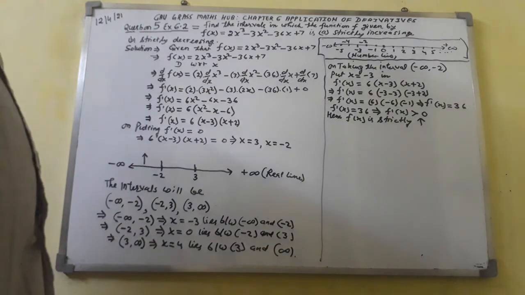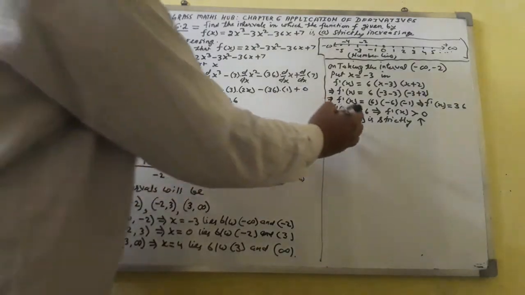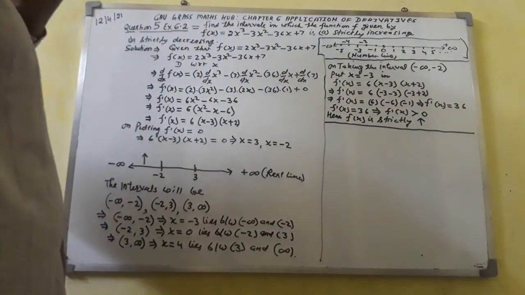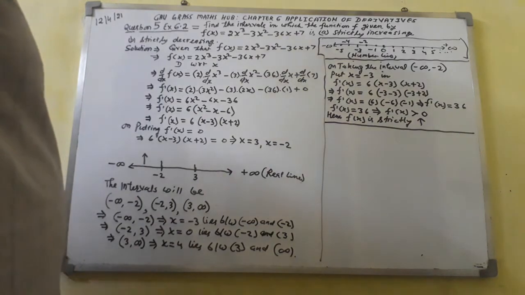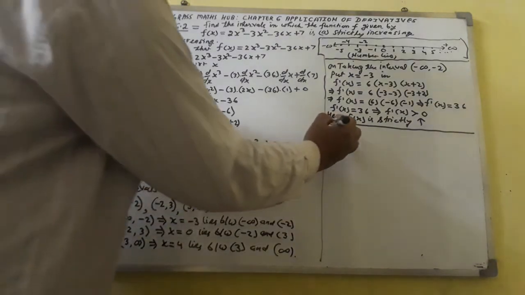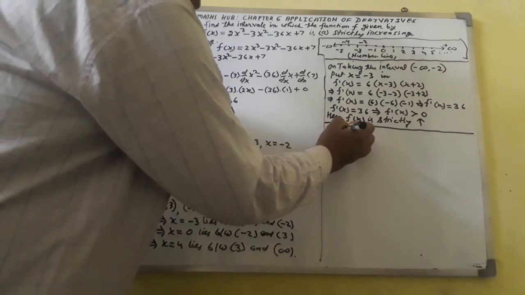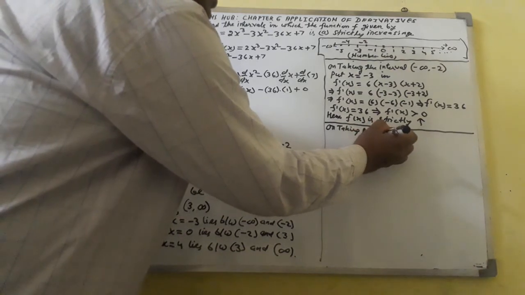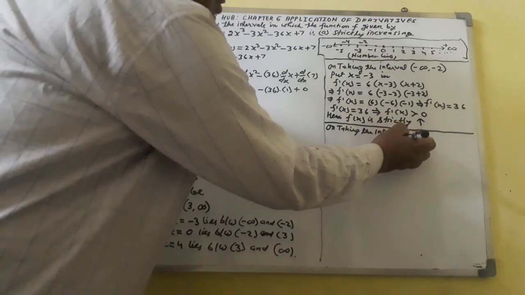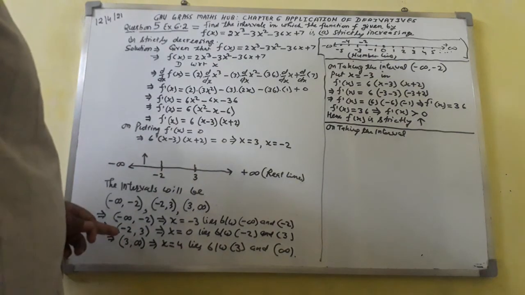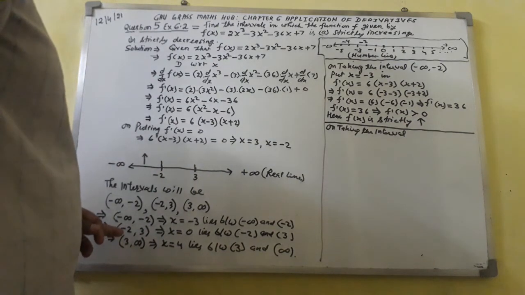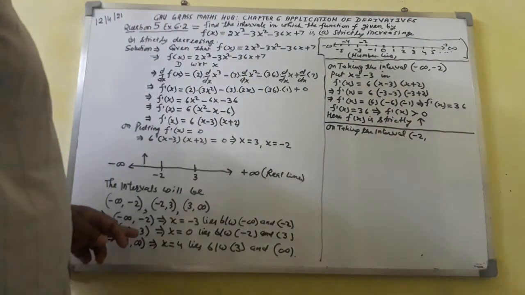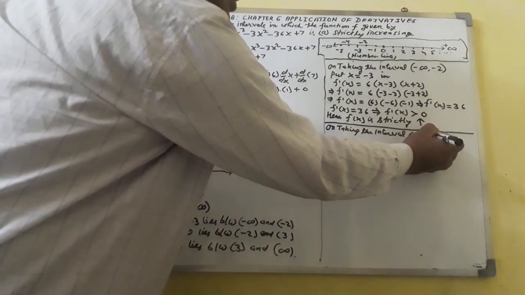Now take this interval. Here I shall write, on taking the interval open interval minus 2 comma 3 open interval.